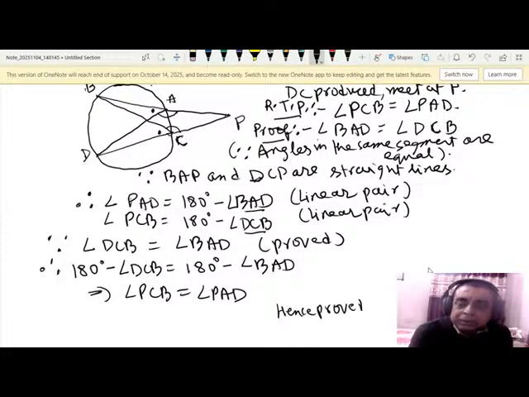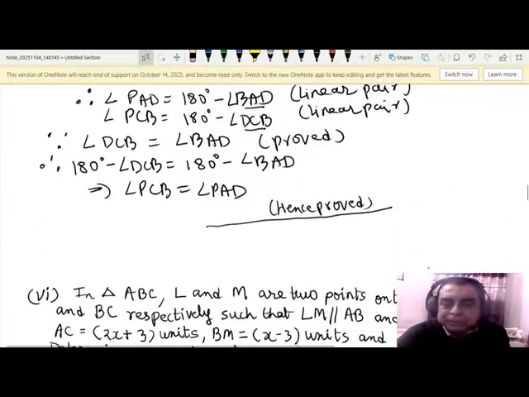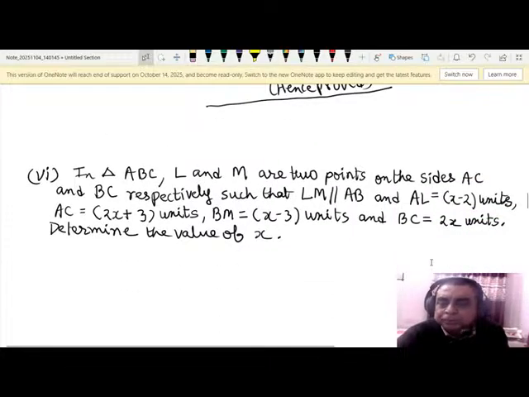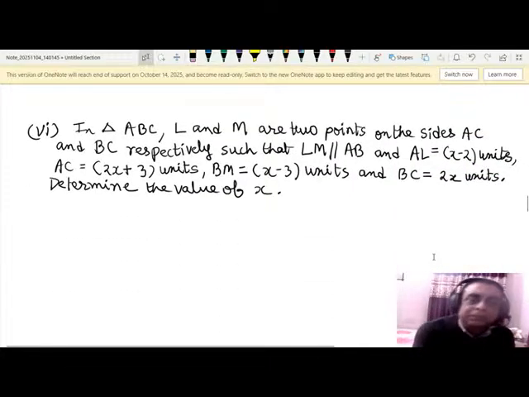Okay. Now we are moving to the next part of question number 4. Now what is the sum saying?